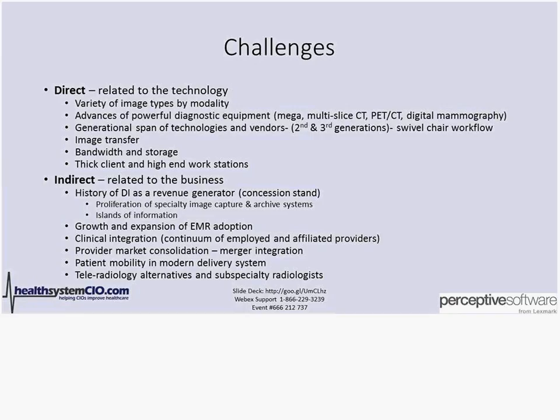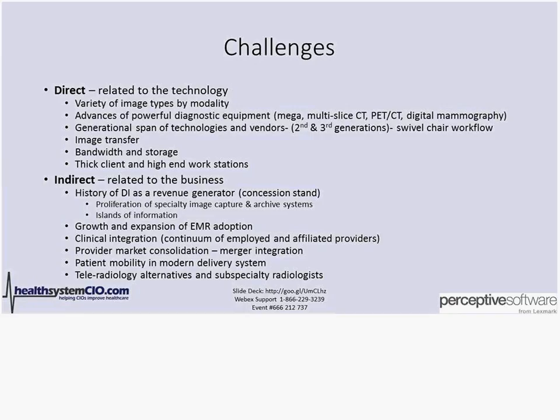But for the sake of this conversation, it's really a stretch of the scope of concern, if you will, for people that we want to share images with, whether they're employed or closely affiliated or even just casually affiliated. And there's a lot of provider market consolidation, mergers and integrations, resulting in sometimes double-digit number of legacy PACS systems.